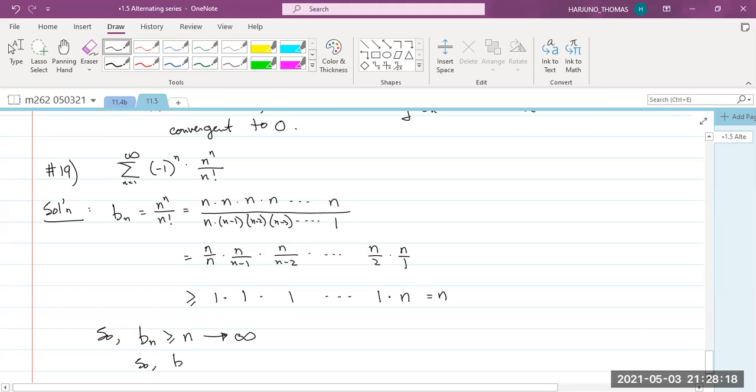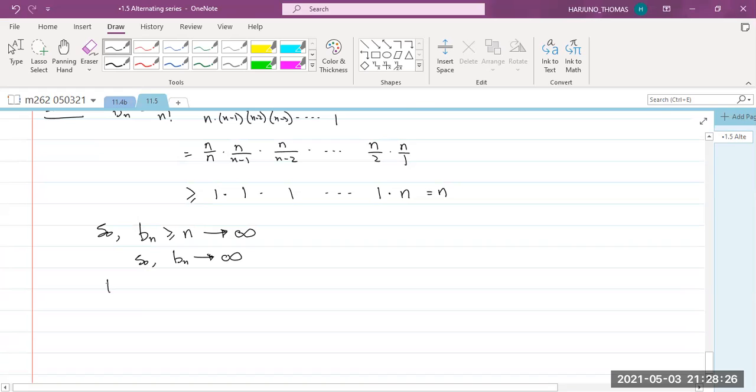So the positive term Bn goes to infinity. By the test for divergence, the series (-1)^n times n to the n over n factorial is divergent.